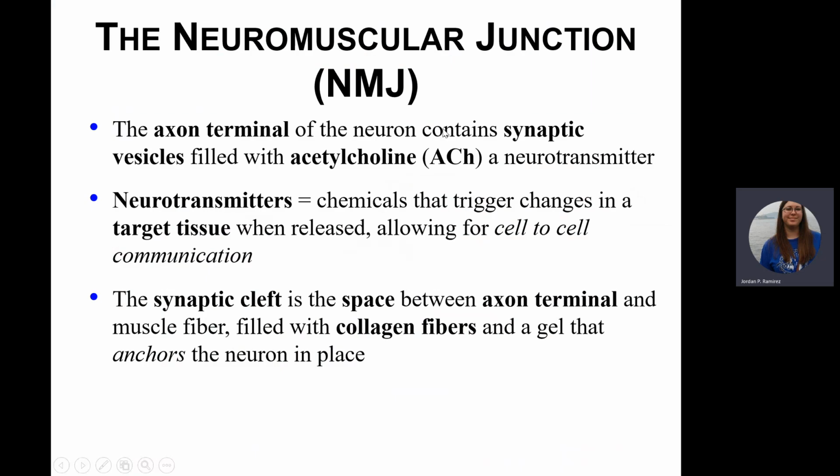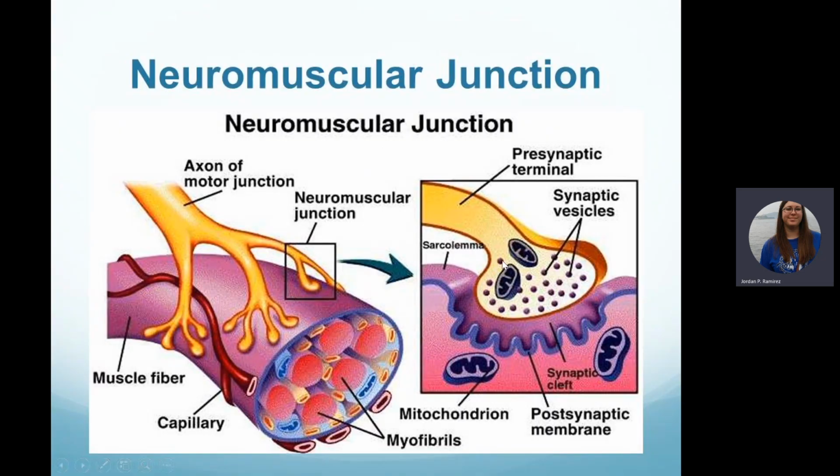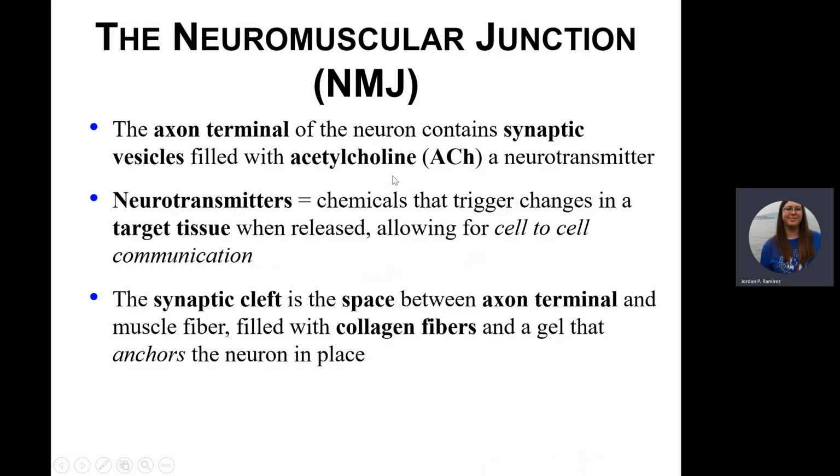The synaptic vesicles, I used to think of them as little bubbles filled with chemicals. These are your synaptic vesicles here, at the very, very end portion. And those little bubbles are filled with acetylcholine. It's a specific neurotransmitter. And essentially, a neurotransmitter is just a chemical.